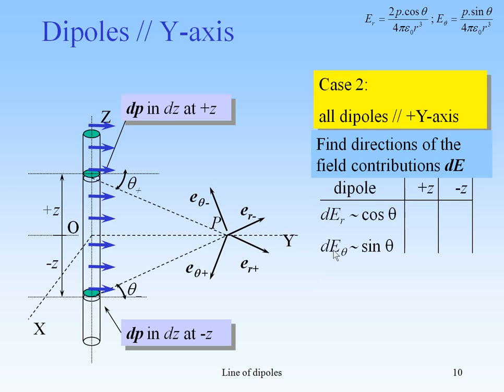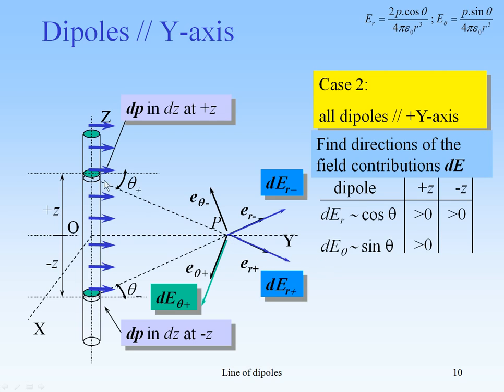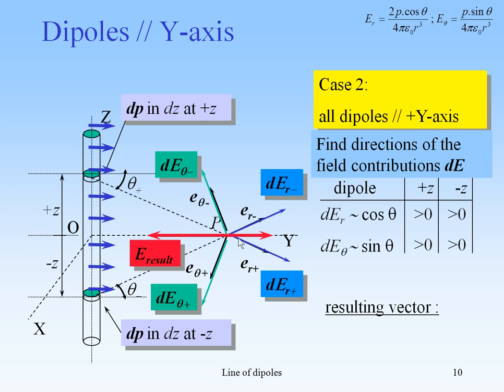For the plus z dipoles, the cosine is positive, and also for the minus z directions, the cosine is positive. And the sine is positive for this direction, and positive for this direction. And this means that the resulting vector will be along the y-axis.